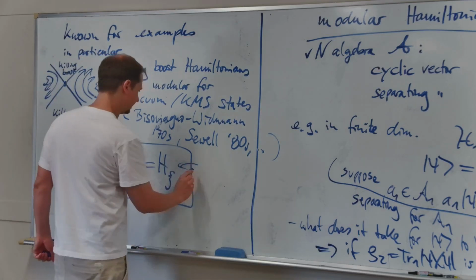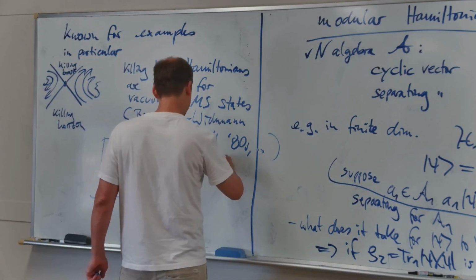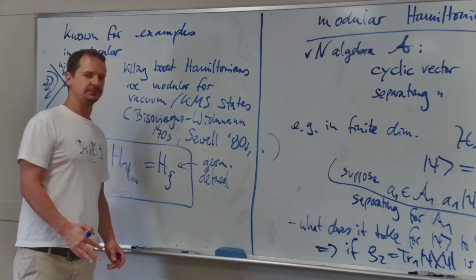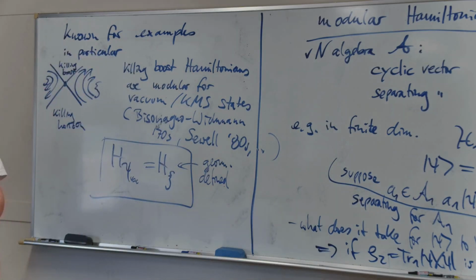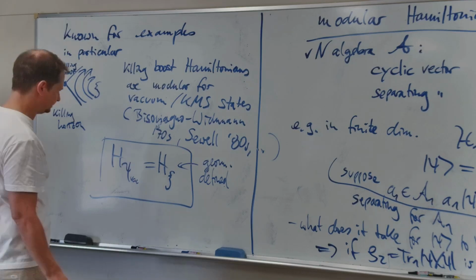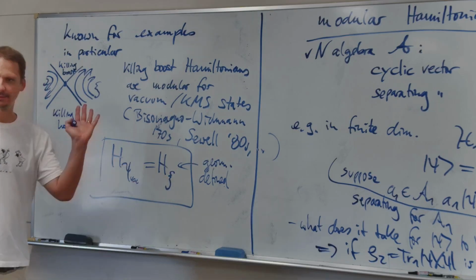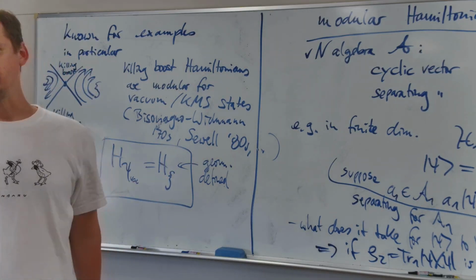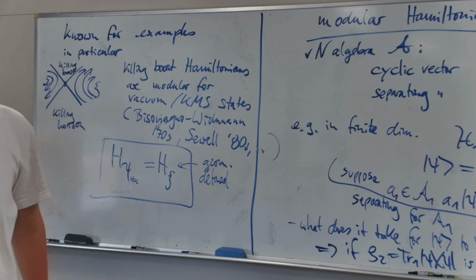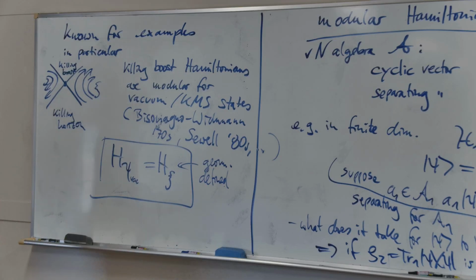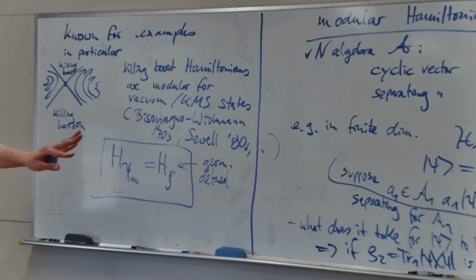So this here is geometrically defined. You take the stress energy tensor, contract it with these Killing fields to define a Hamiltonian, and integrate over, in this case, all of some Cauchy slice in space-time.